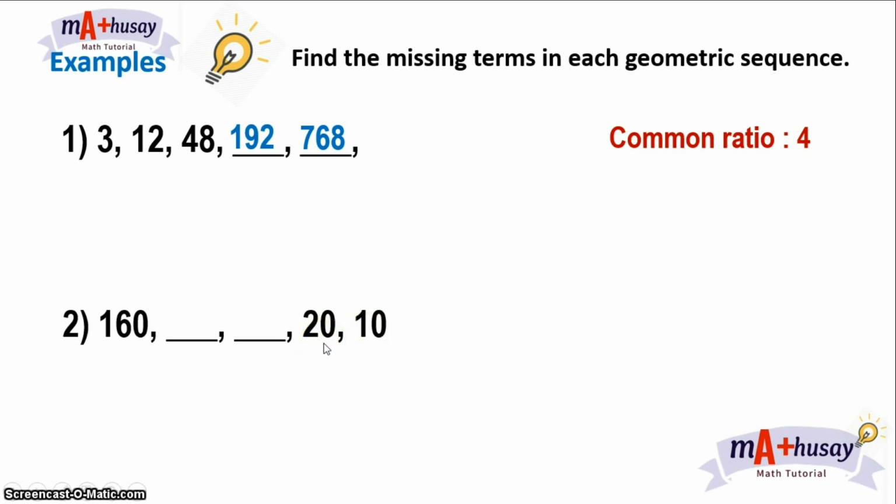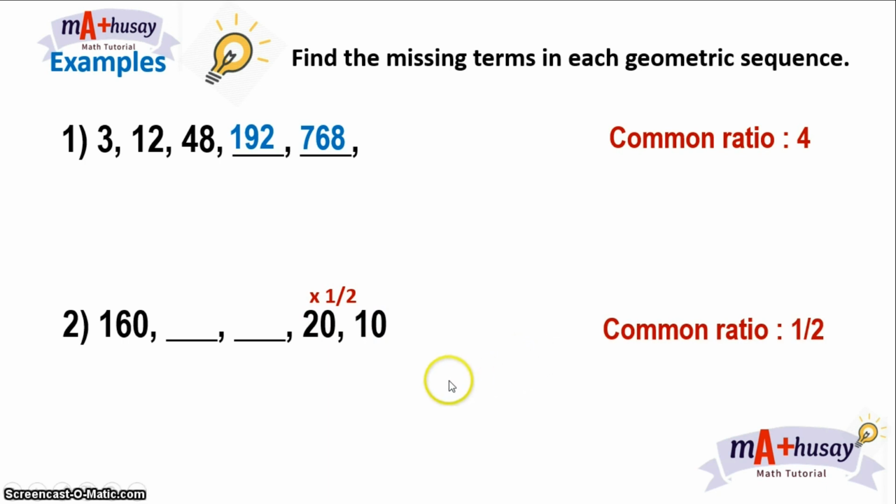Now 20 and the next term is 10. Now we know that the common ratio should be 1/2 because if you get 10 divided by 20, that will give you 1/2, right? Or 20 times 1/2, that gives you 10. So in this case, the common ratio is 1/2.